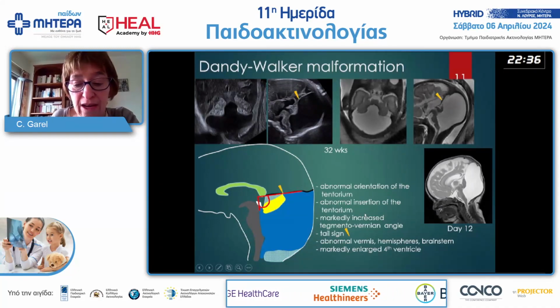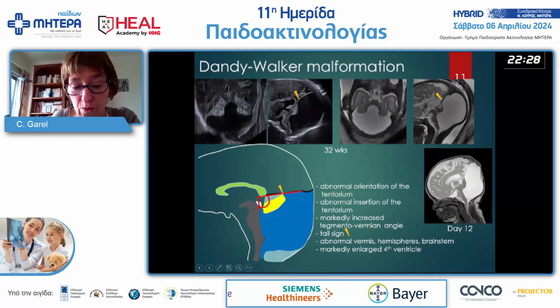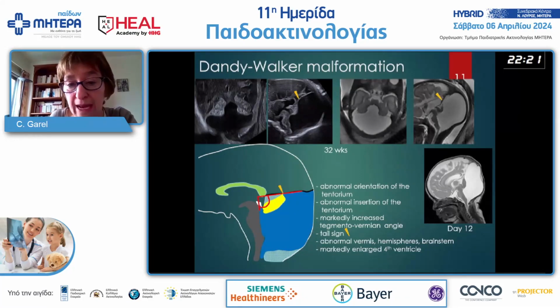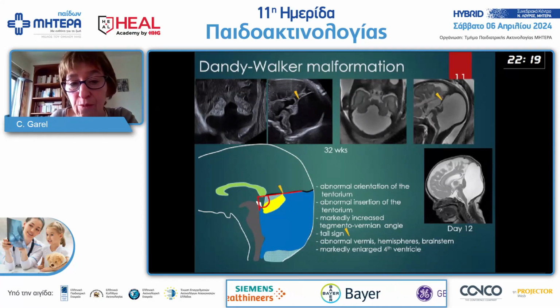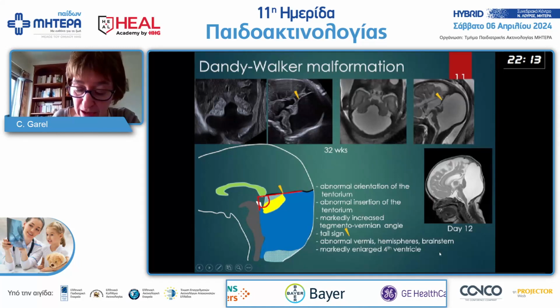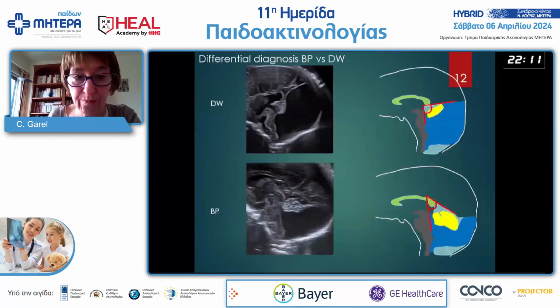There is a markedly increased tegmental vermian angle and also a tail sign. The vermis is abnormal. It is dysplastic. The hemispheres are usually also abnormal and small in size, and the brainstem also may be abnormal, not always. And there is a markedly enlarged fourth ventricle.